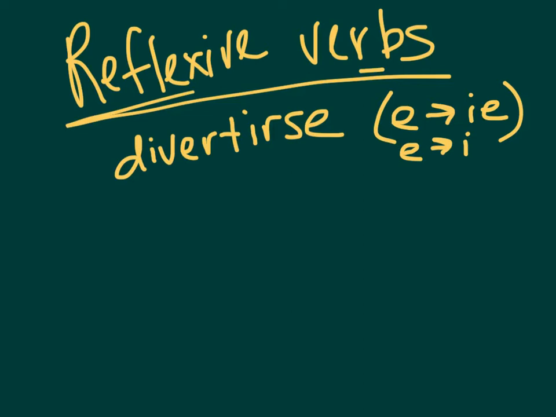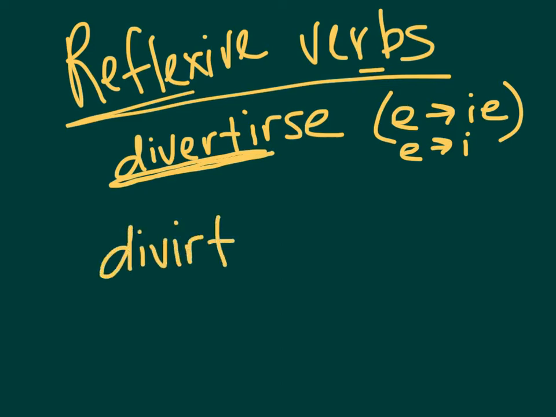So we first pay attention to the verb itself, which is divertir. An IR verb goes to amos, divertamos. And then since there's a se at the end, we have to put our reflexive pronoun, which is nos. That's hard to say. Divertamos nos.